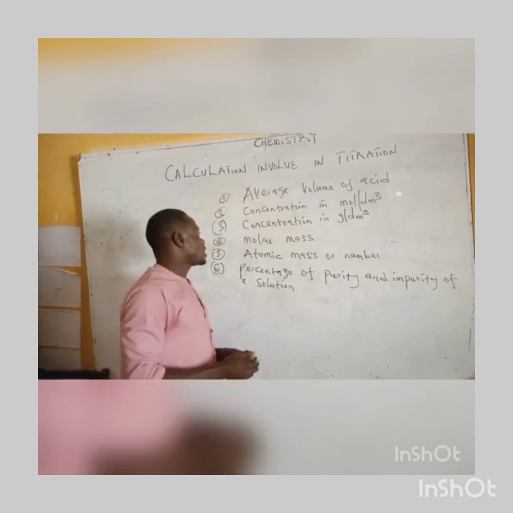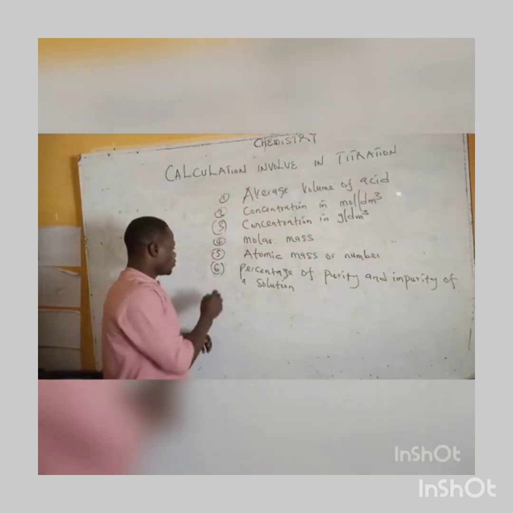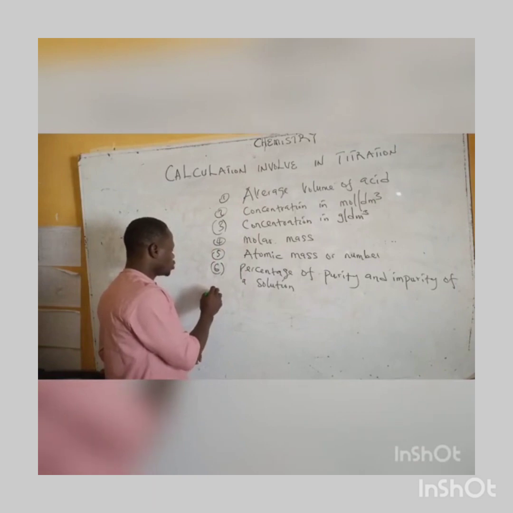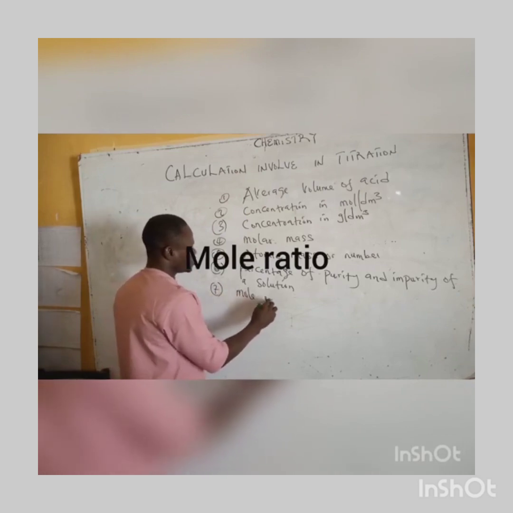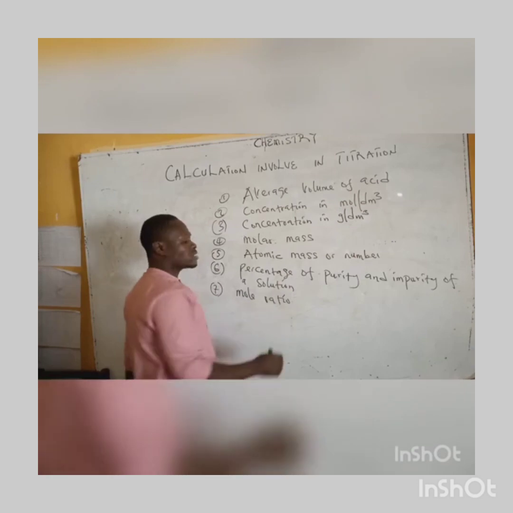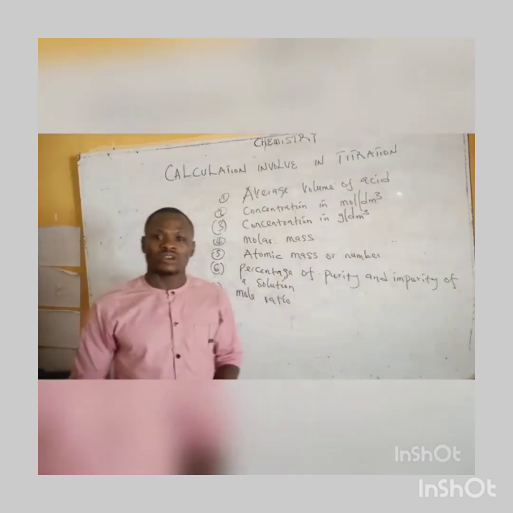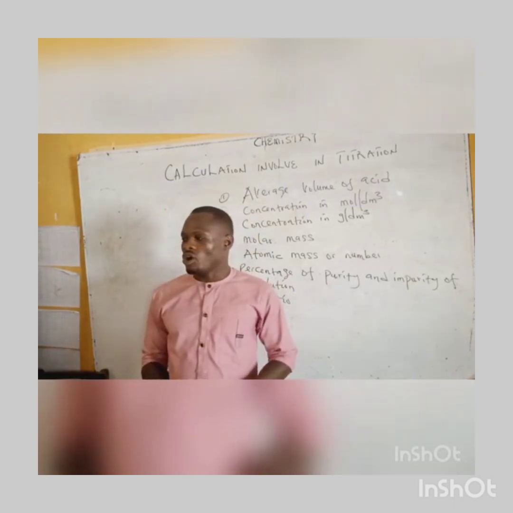So whatever you are looking at, it is either you are looking for any of these. We also looked at number 7, mole ratio. You will be asked to calculate the mole ratio. It is either you calculate the mole ratio of acid or you calculate the mole ratio of base.